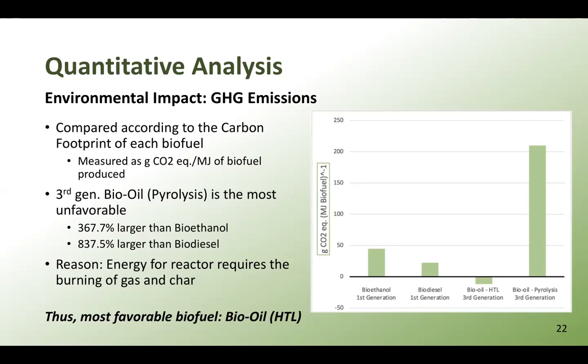Okay, so basically for the third generation biofuel, the main contributor for greenhouse gas emissions is the energy requirements. So in the reactors, we require high energy, which requires the burning of gas and char, which results in high greenhouse gas emissions.